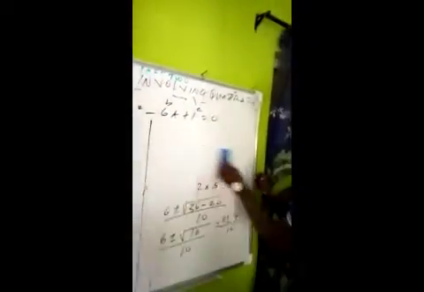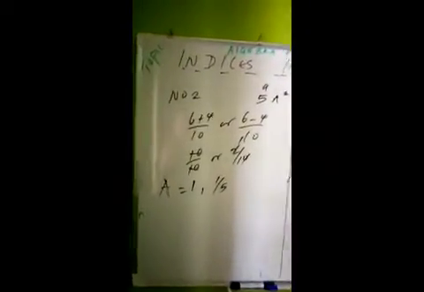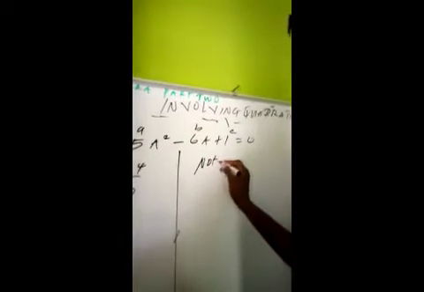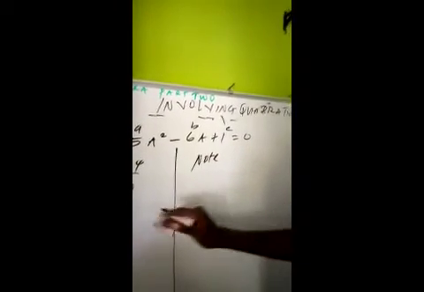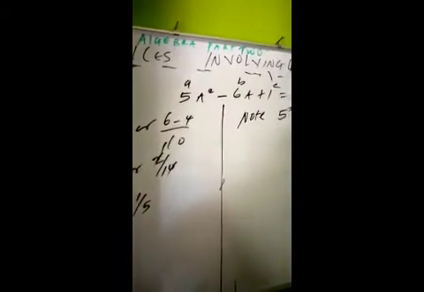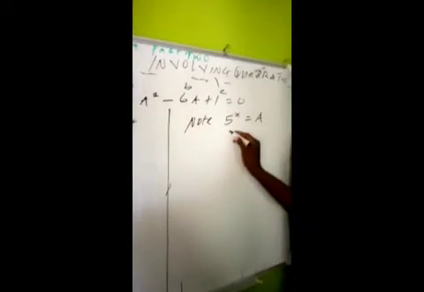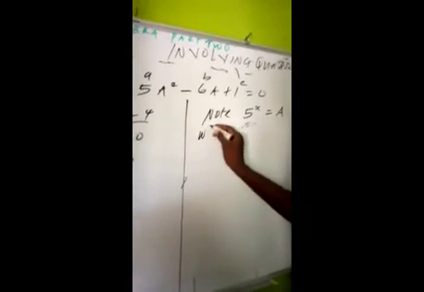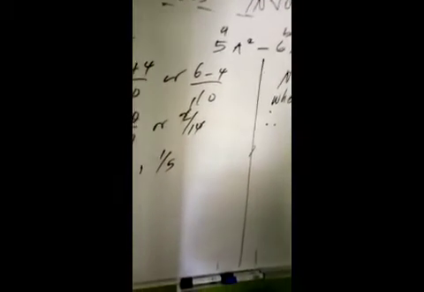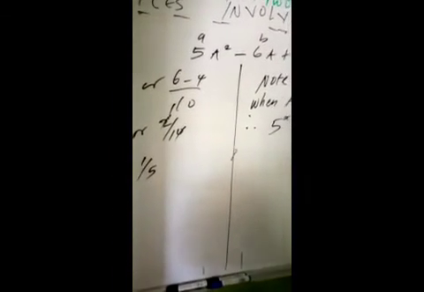Because of indices, the answer now, we are trying to solve for S. So therefore, you say note. So our normal note now, that when you have something like this, 5 to the power S is equal to A. Then from this point now, we say when the first A is 1, therefore 5 raised to power S is 1.